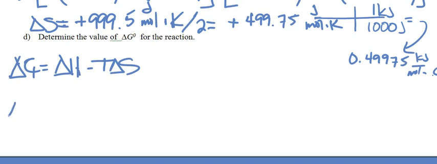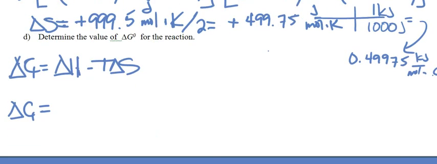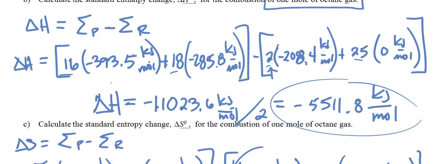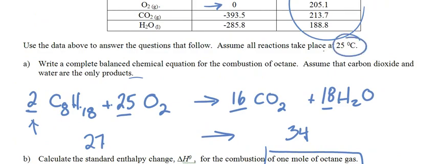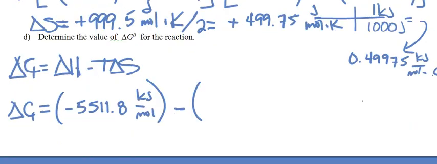All right, so let's calculate delta G. So delta H, which was from up here, we have a negative 5511.8, again, kilojoules per mole. And then we're going to subtract from that our temperature, which is, I believe, at 25 degrees. So change that to kelvins. So 298.